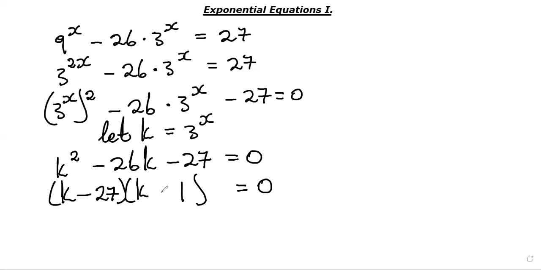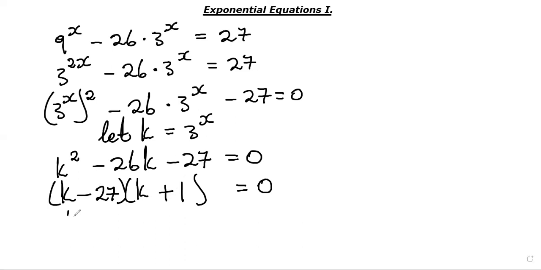The bigger number takes the sign of the middle term. The 1 has to be positive, so that negative 27 plus 1 is negative 26, and negative 27 times 1 is negative 27.